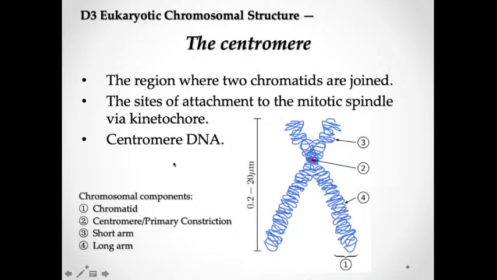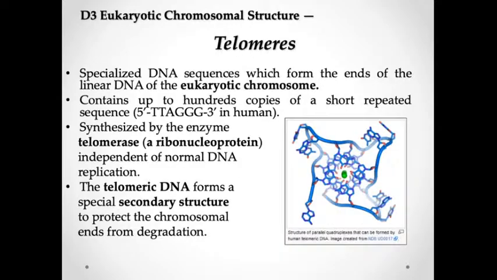Okay, so the region where two chromatids are joined is known as the centromere, the site of attachment to the mitotic spindle and kinetochore, and this is your centromere DNA. Then comes your eukaryotic chromosomal structures, that is your telomeres. These are specialized DNA sequences which form the ends of the linear DNA of eukaryotic chromosomes, containing up to 100 copies of a short repeated sequence synthesized by the enzyme telomerase, independent of normal DNA replication.